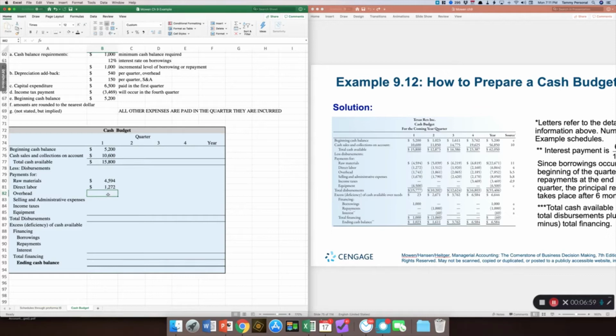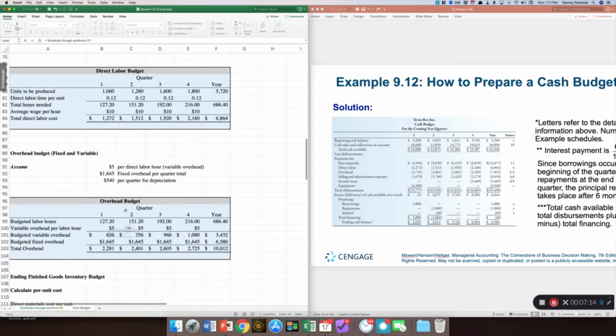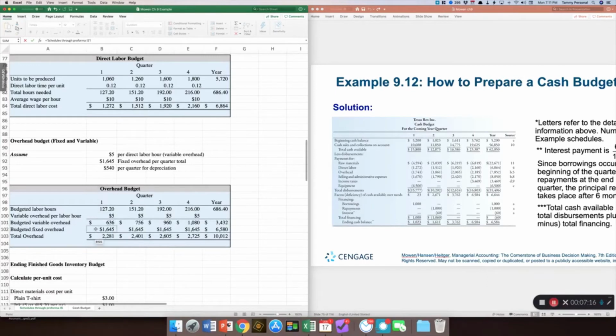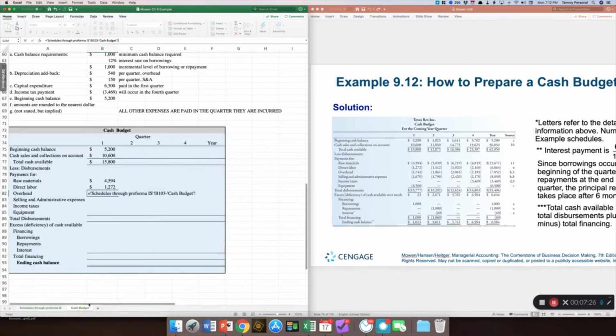Now remember, overhead included some depreciation, so we have to add that back in. All right, so let's go pick up our overhead total, and then we are going to adjust that for the depreciation. Okay, and that gives us our $1,741.